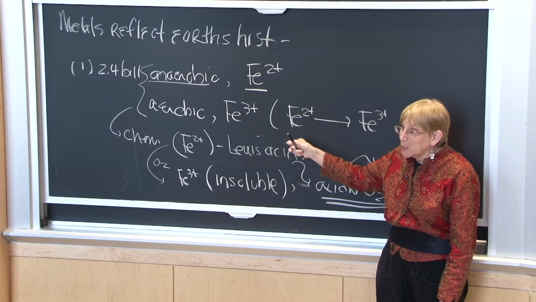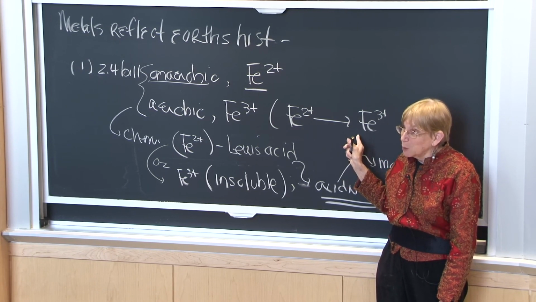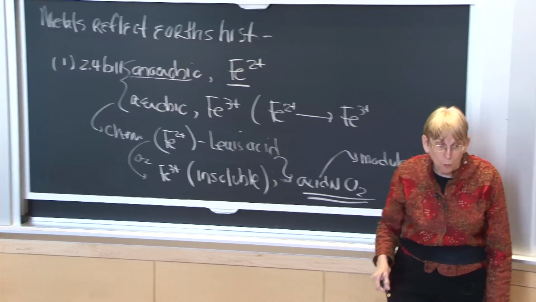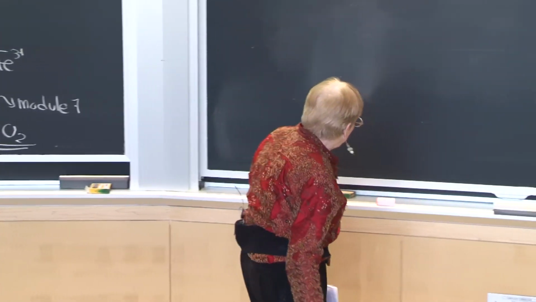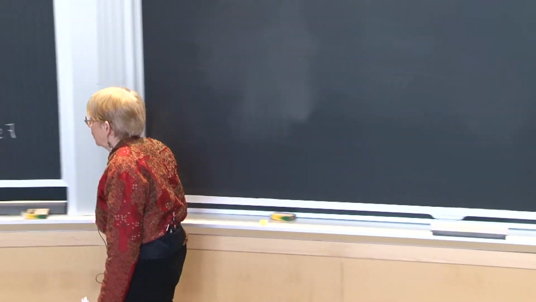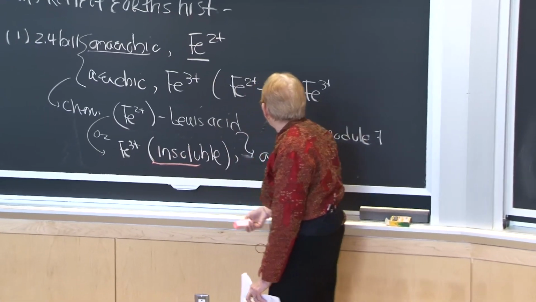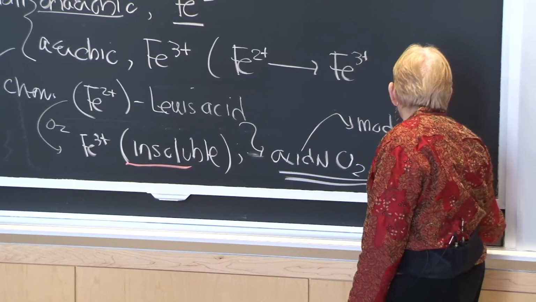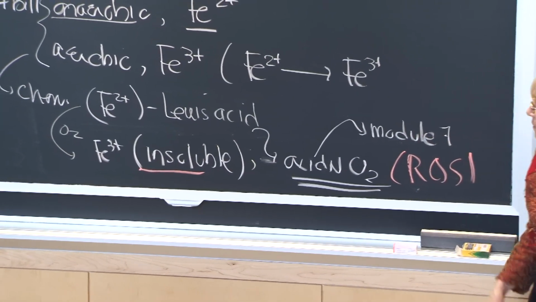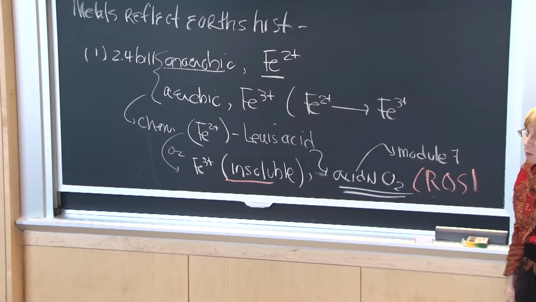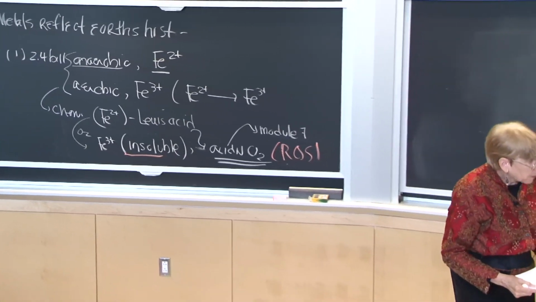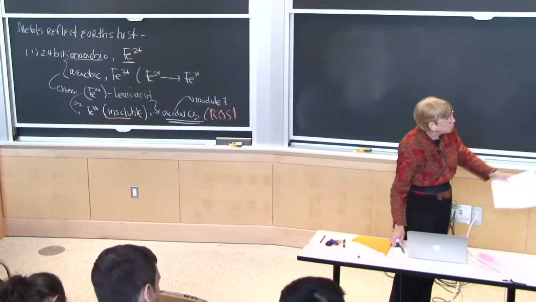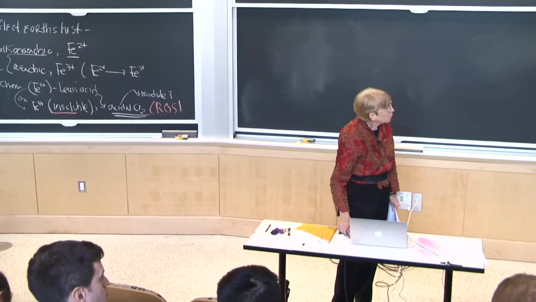And then you also have the problem of insolubility. So by making this transition into an oxophilic world, you encounter two major problems: how do you deal with the insolubility problem, and how do you deal with reactive oxygen species? And that's going to be following this module. We're going to talk about what happens with reactive oxygen species as a consequence of moving from an anaerobic to an aerobic world.